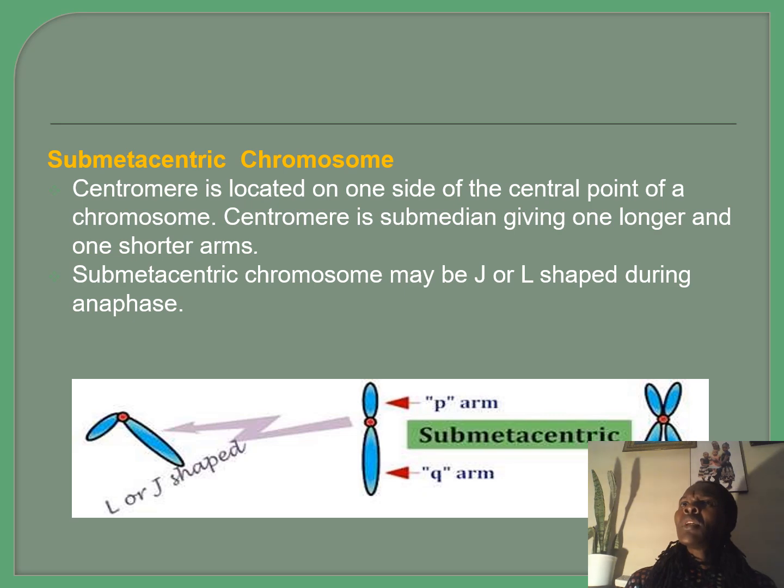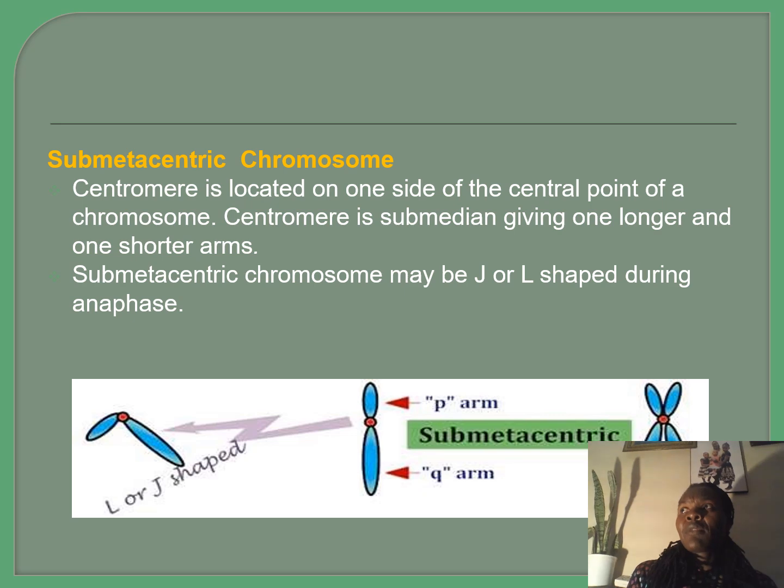Submetacentric: it is a little bit up from the middle point. So it's located on one side of the central point of a chromosome. It is like one end is 40%, the other one is 60%.